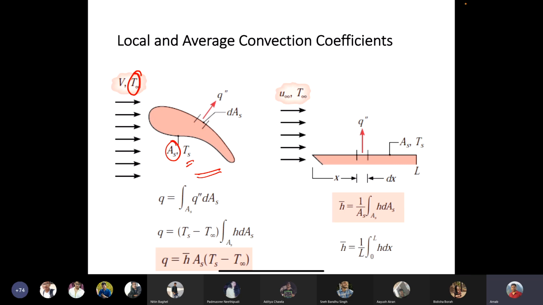If this free stream temperature is different than the surface temperature, then we know that convection heat transfer will happen. And then the surface heat flux and the convection heat transfer coefficient both will change along the surface.